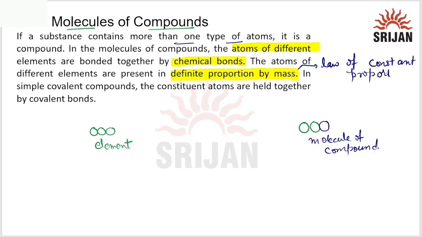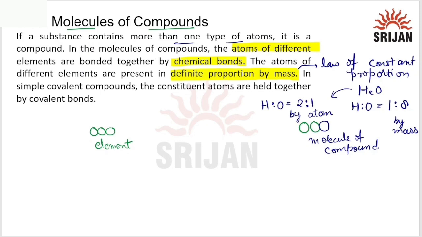For example, in water, hydrogen and oxygen are in the ratio of 1:8 by mass. Or if you calculate the ratio of atoms, then hydrogen and oxygen are in 2:1. In simple covalent compounds, the constituent atoms are held together by covalent bonds. Covalent compounds are formed by the sharing of electrons.